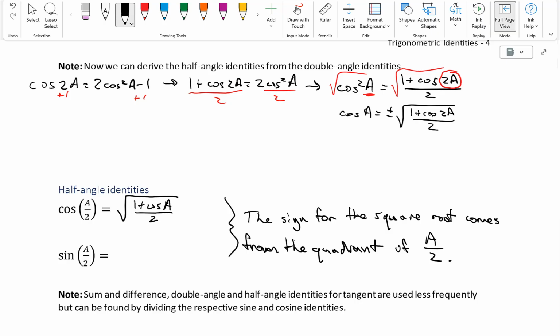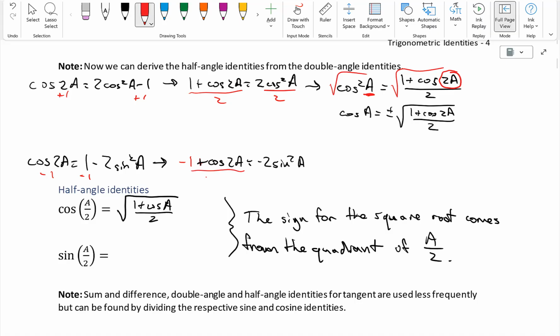For sine, we can use the other identity that we had for cosine 2A. So cosine 2A equals 1 minus 2 sine squared A. We can now subtract that 1 on both sides, and we can write it as a negative 1 plus cosine 2A equals negative 2 sine squared A. Then divide by our negative 2 everywhere, which is going to change the sign of both of those values on the left.